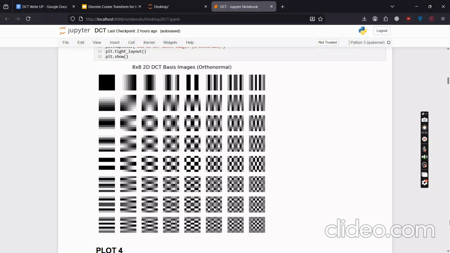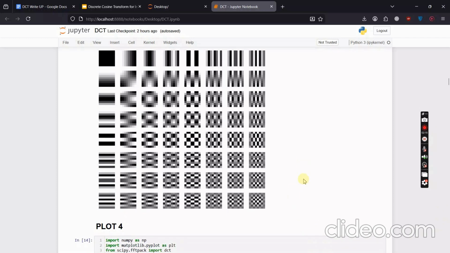The bottom right corner contains high frequency patterns in both directions and looks like a fine checkerboard. Together, these 64 patterns form a complete orthonormal basis, so any 8 by 8 image can be represented as a weighted sum of these basis images.